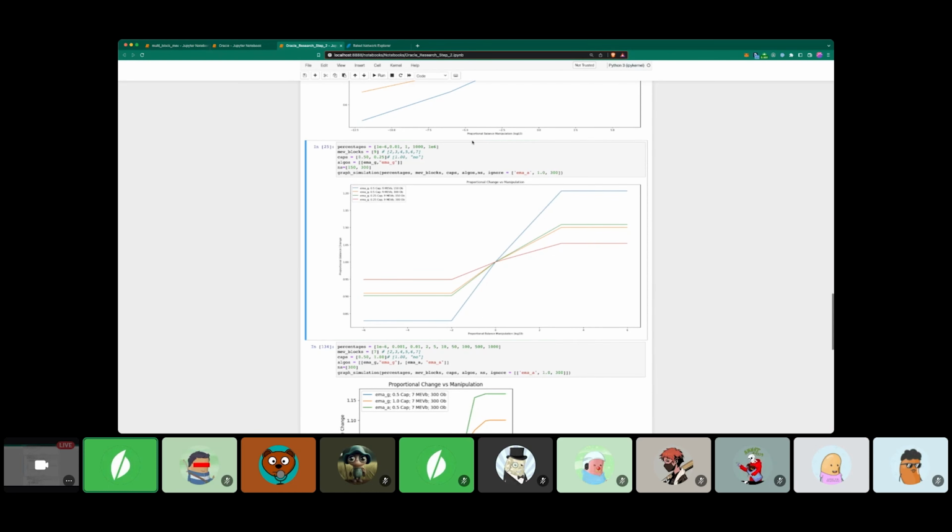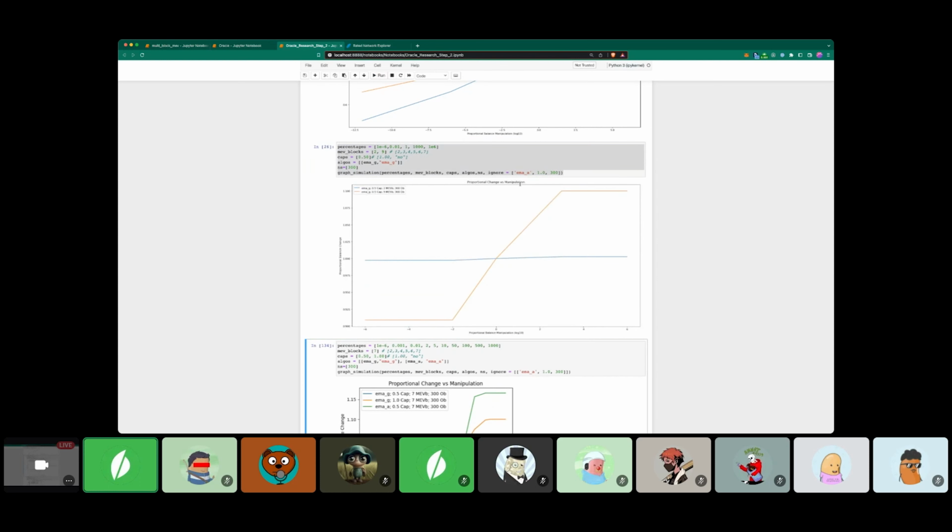Yeah, so I'm going to quickly add 2 to this graph. Let's just make this 0.5 just to showcase the difference. So here you can see with the 50% cap at an hour-long look back, the 2 is pretty much unmanipulatable.